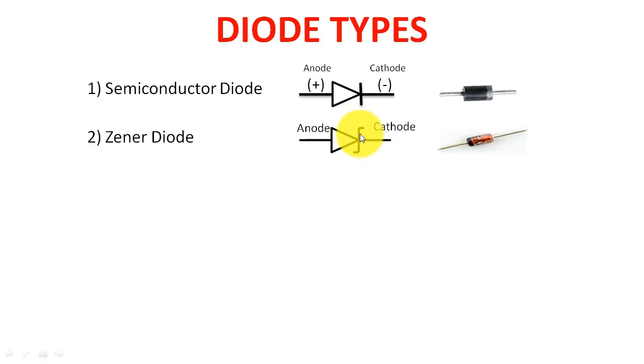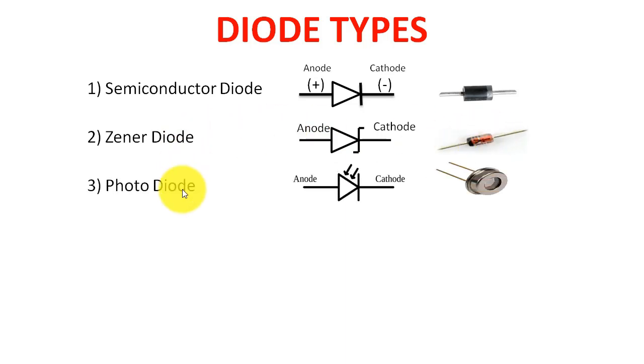This is the symbol, and this is what the actual Zener diode looks like on a board. Then the photodiode: this is the symbol, anode to cathode, with the arrow pointing down, and this is the original on a board.